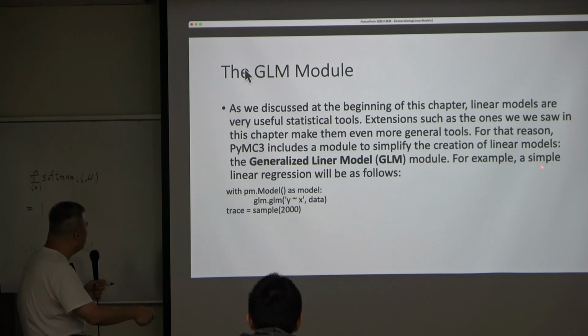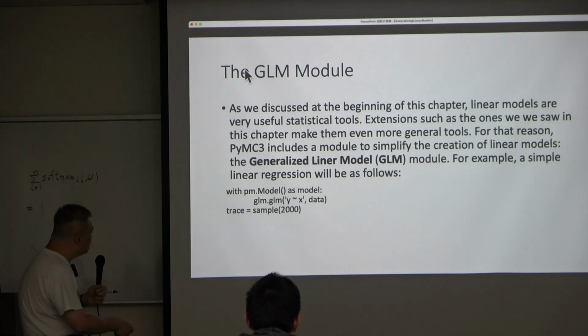For example, a simple linear regression will be just a one-liner: with pm.Model() as model, glm.GLM, y tilde x, and the data. That's it. Because it's a simple linear regression, it's very easy.